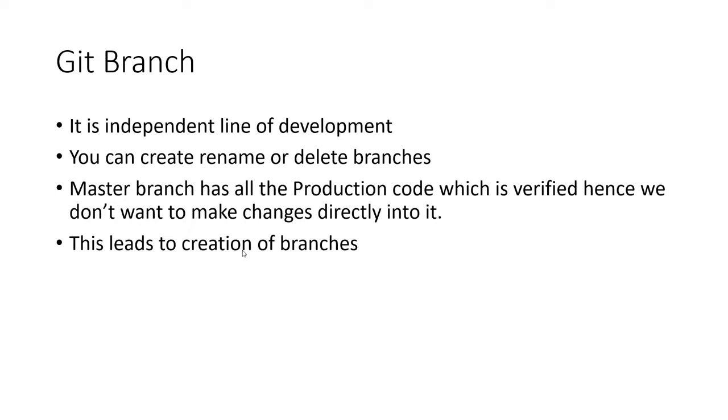In order to push the code you have made, it is very important to create a branch so that it doesn't affect the production code. We push our code into the branches, and once the code is reviewed, it is merged with the master branch. That is how it happens in corporate companies, to ensure that changes are not directly merged into the master branch.